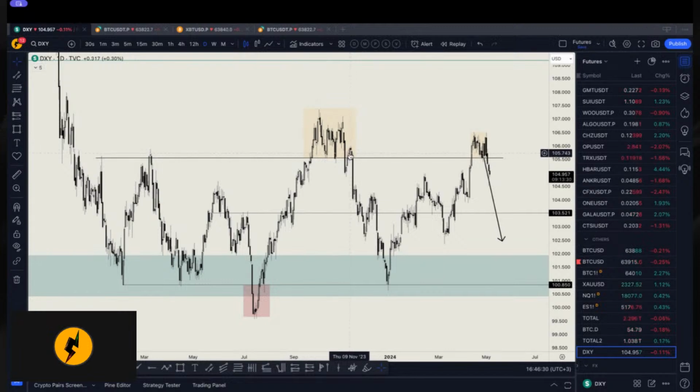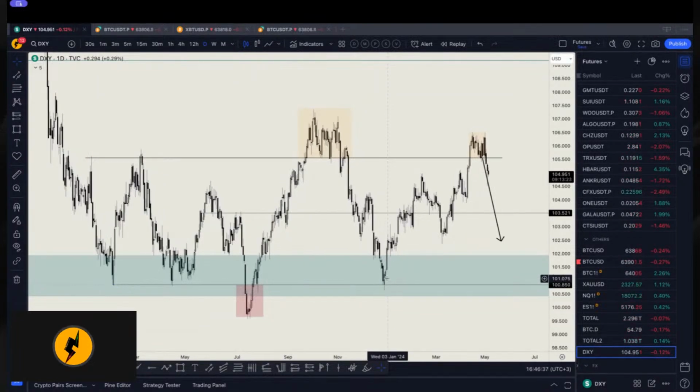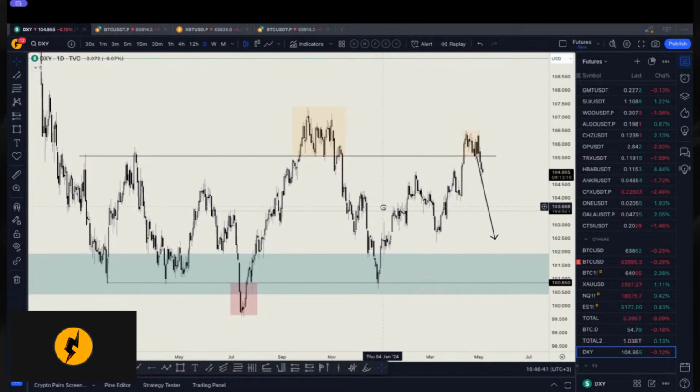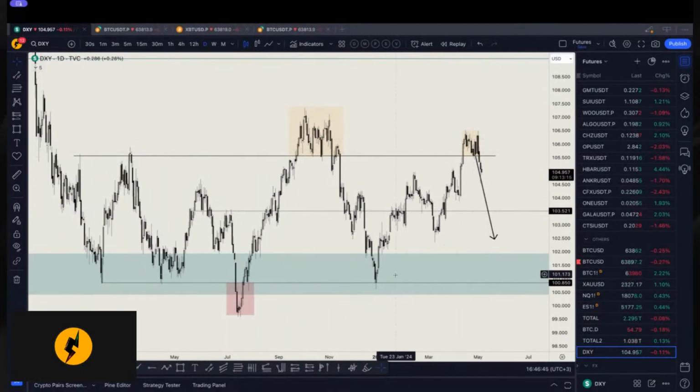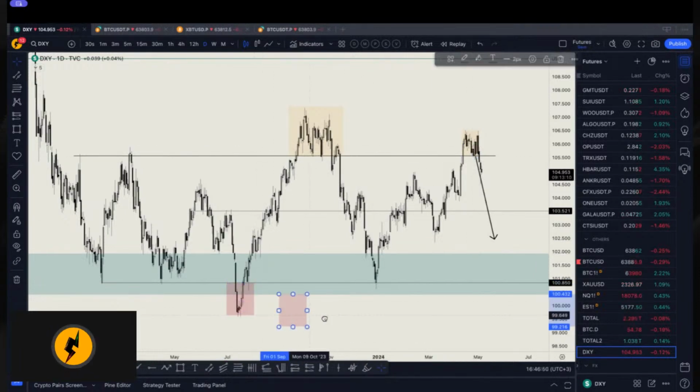It wasn't the perfect one, but it still tested the other extreme of the range. So usually if you look at everything in terms of ranges, you make your life easier. From here to here, it's easy, right? We got a mini deviation here.